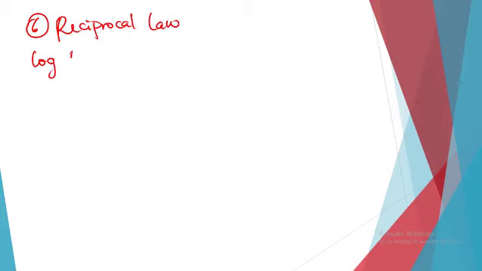Okay, law 6. Let's look at the sixth law. The sixth law, we call it the reciprocal law. We have log m base a to be equal to 1 over log a base m.